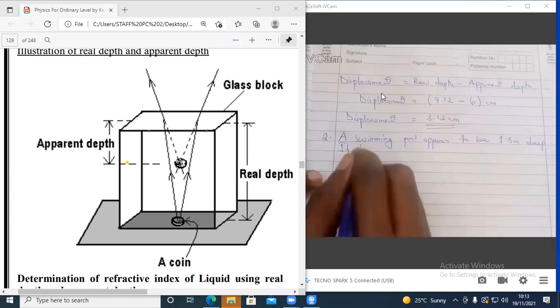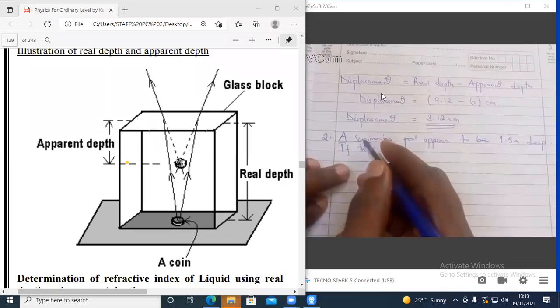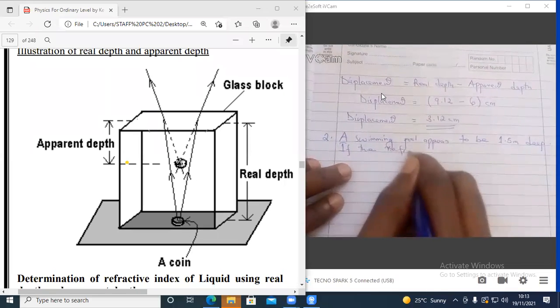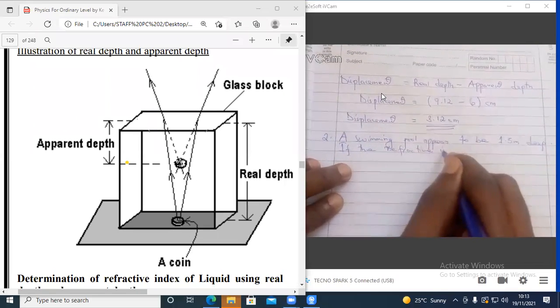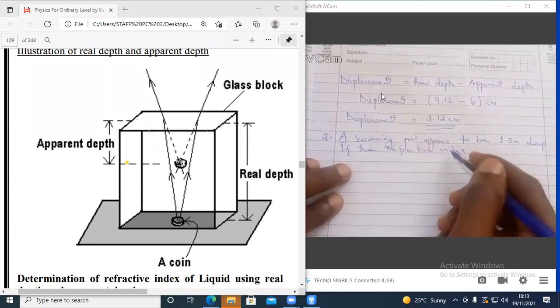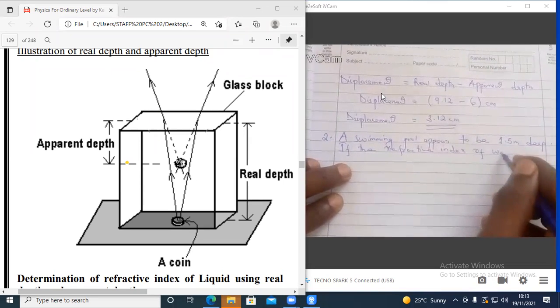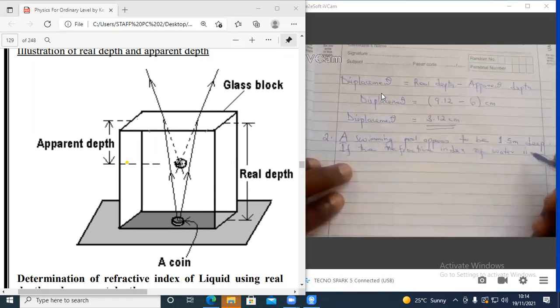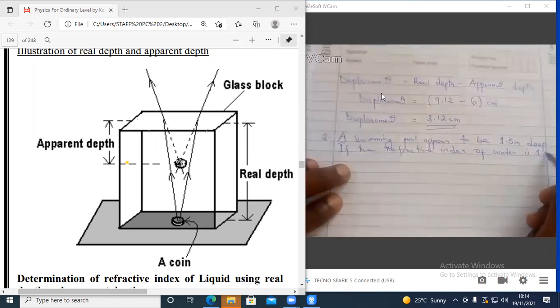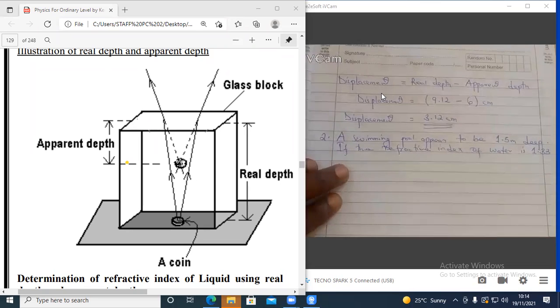If the refractive index of water is, what is the refractive index of water, members? 1.33, not so?